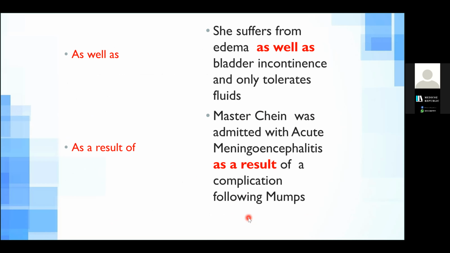These are very important phrases that help us make a complicated sentence and organize two pieces of information that, if we do not use these phrases, we have to write in separate sentences. For example, she suffers from edema, then full stop. She also suffers from bladder incontinence and only tolerates fluids. So as well as is being used to combine these two pieces of information in a single sentence.